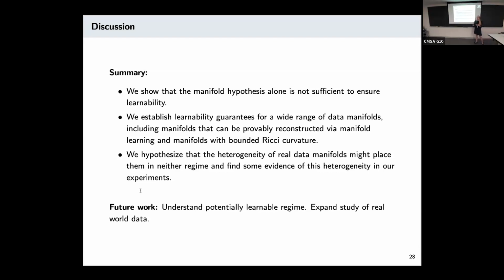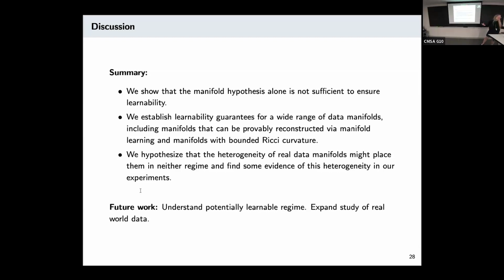And there are also other regimes actually. Our learnable regime is more general than the manifold learning regime. For instance, there are settings with bounded Ricci curvature, which are also practical settings where that is known to occur, that I haven't discussed because we haven't defined Ricci curvature. So there are a couple of regimes that fall into this learnable regime.